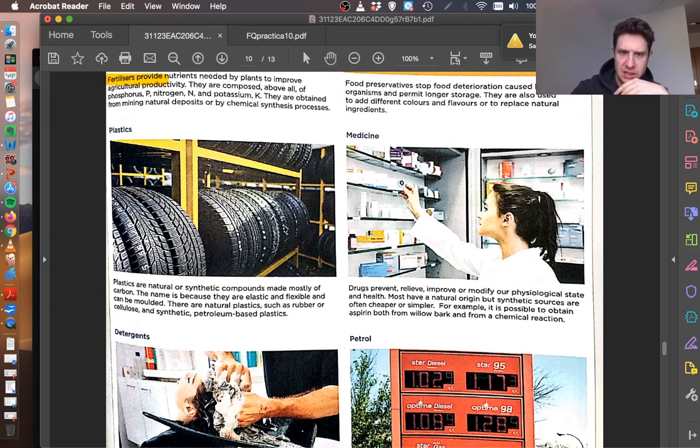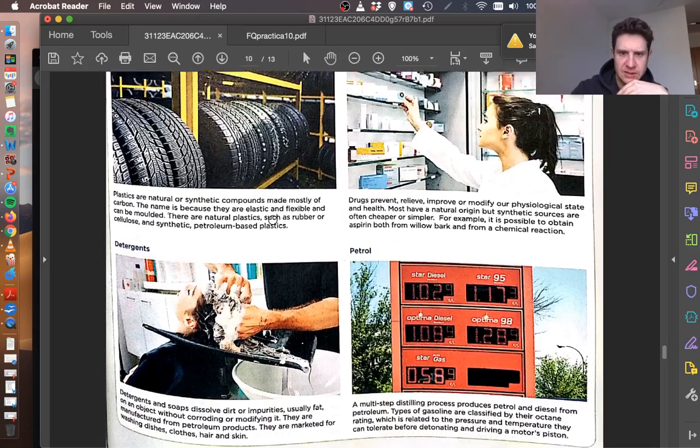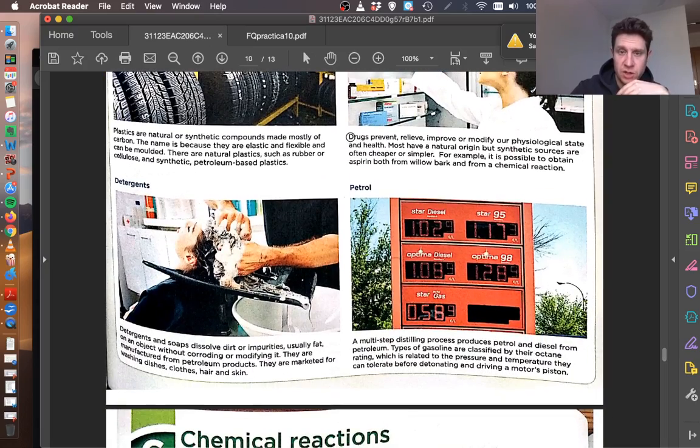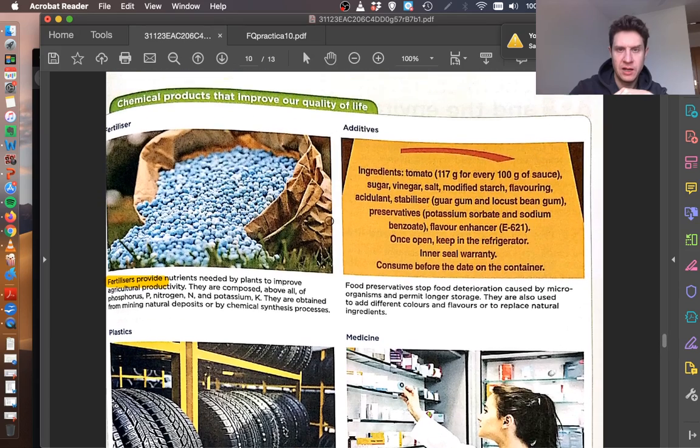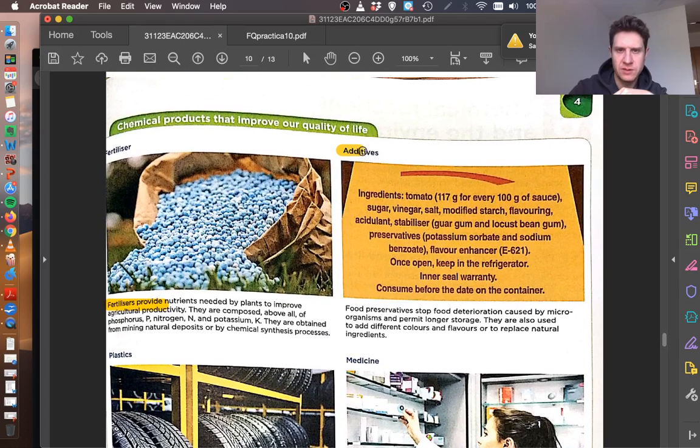Plastics, we're generating a lot of them. We are generating drugs, that's the good stuff, especially when we have coronavirus. Detergents, very poisonous if they use phosphates, and petrol. And so we have a lot of additives in food, preserving it from deterioration.